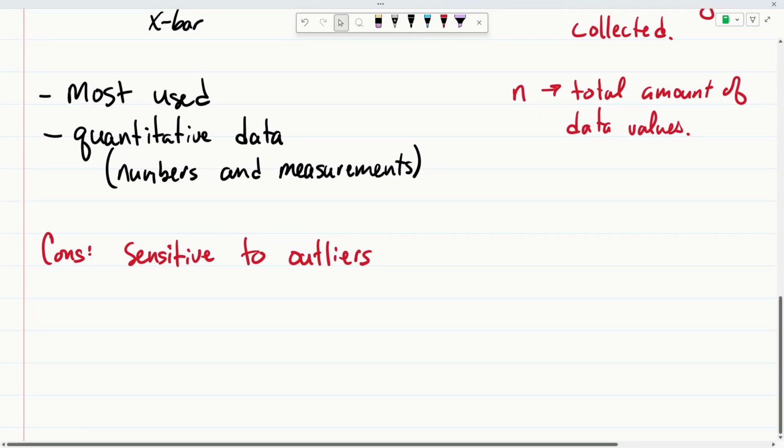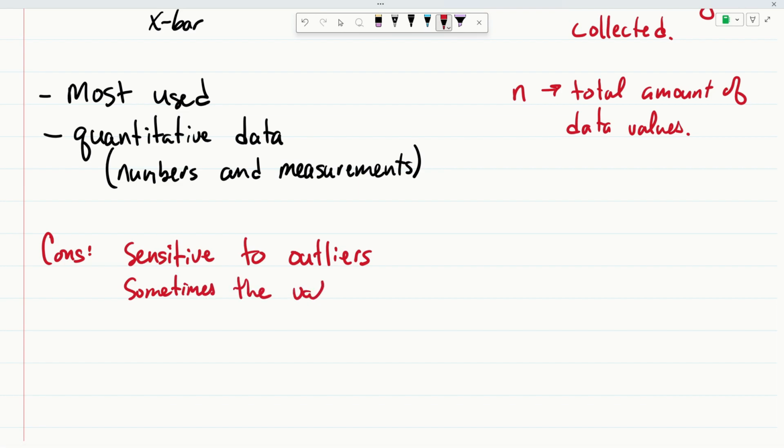Another con would be sometimes the value itself doesn't make sense. In this case, it could be something like measuring the average shoe size.